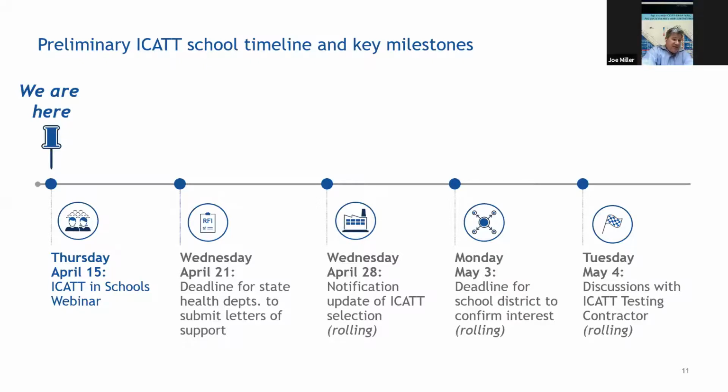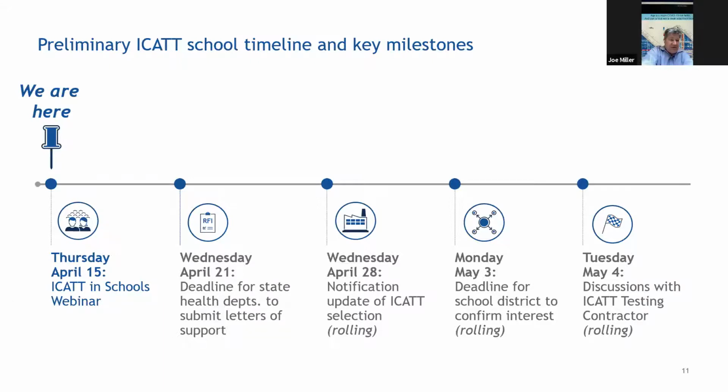And then we intend to identify partners for participation a week later, and potentially on a rolling basis too, because we envision that some states may not participate. And so there might be additional resources available after the initial selection process.